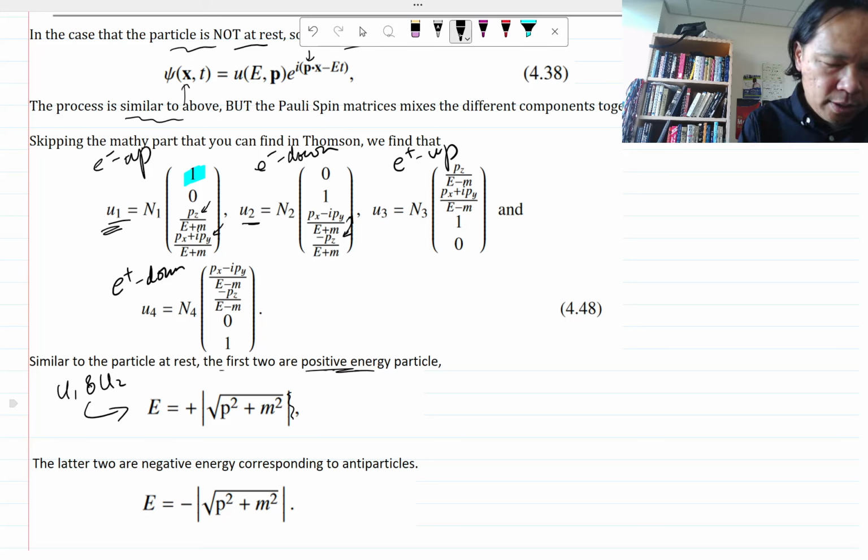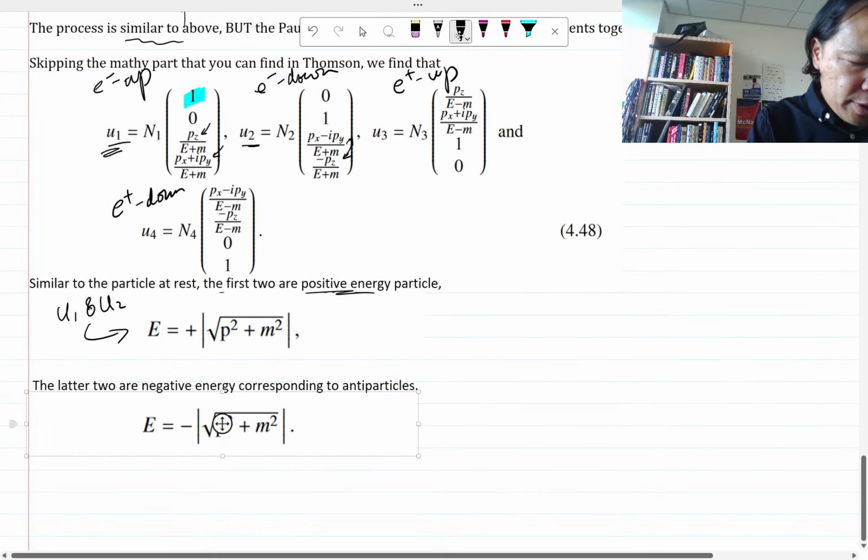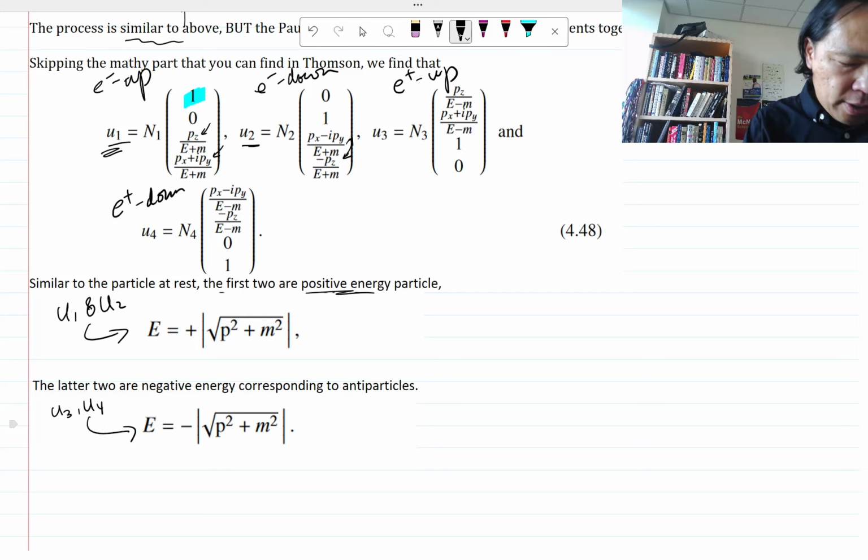I'm not 100% sure these absolute value signs are necessary, because I guess it could be a complex number, so therefore you want the magnitude of that complex number. Okay. The negative energy solutions, namely u3 and u4, are going to have energies of negative the square root of p squared plus m squared. Okay.